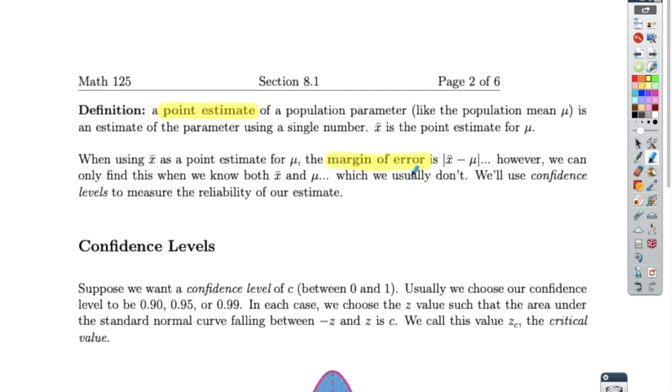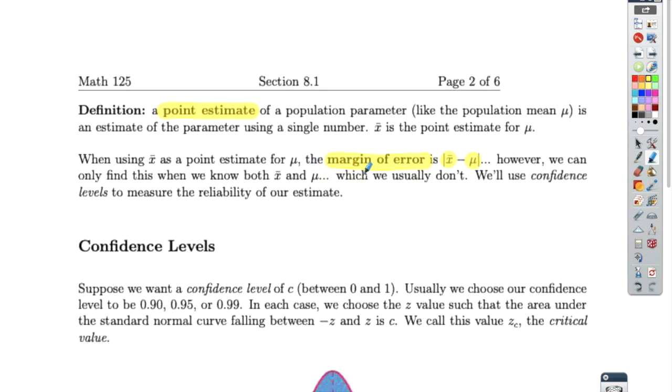It's very easy to compute the margin of error when you have both the sample mean and the population mean. If you have both of the values, then you can say, well, I estimated that the mean was 4, but it's actually 5, so my margin of error is 1, or whatever. But the problem is, if we're using an estimate in the first place, it's probably because we don't know the population mean. So we usually don't know both of these values.